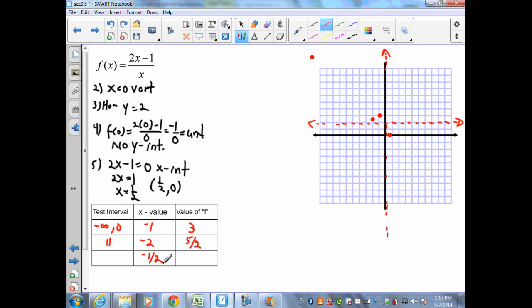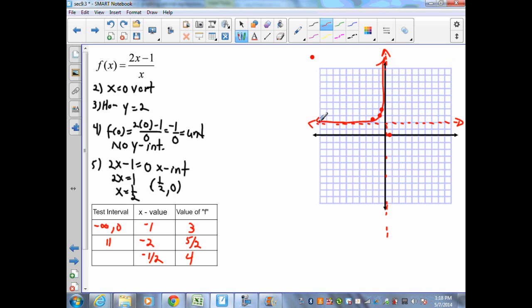When I plug in -0.5, I'm going to get 4 out. And I'll plot that to see what that looks like. That tells me that my function is increasing. So I can just put on a smooth curve from negative infinity to my vertical asymptote.